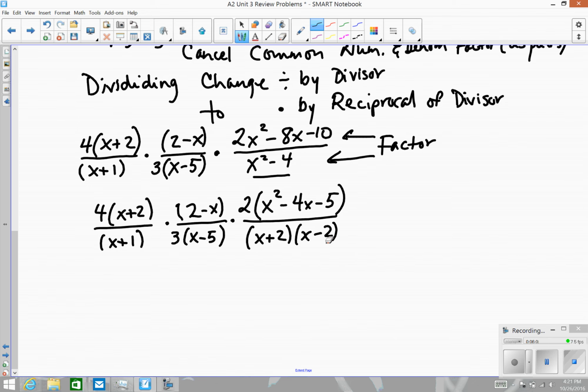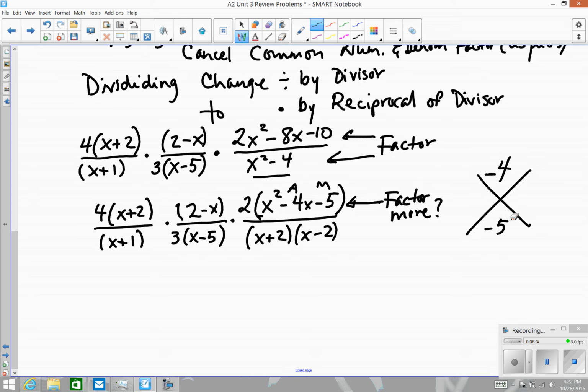I think everything is factored except I want to take a look at this trinomial here and see if we can factor that some more. Trinomials, or 3-term polynomials, I want to go to my x factoring. My leading coefficient here is a 1, so all I need to do is find 2 numbers that will add up to my negative 4 here, multiply to my negative 5.